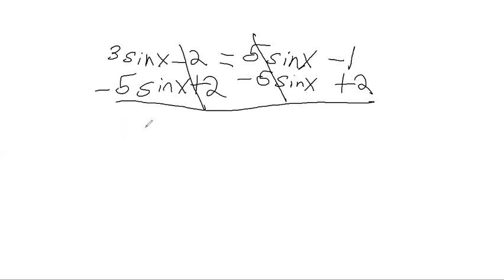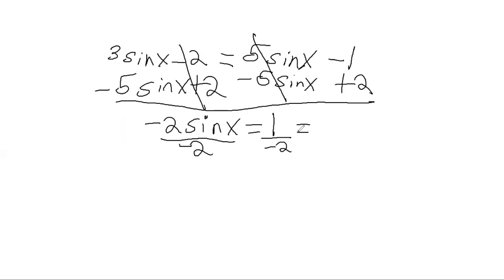That's going to give me negative 2 sine of x equals 1. Now I have to divide both sides by negative 2, so sine of x is equal to negative 1/2.